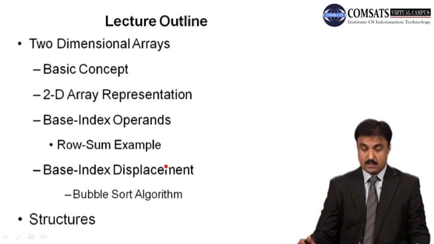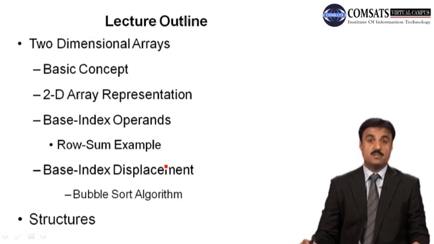Now we are going to discuss the outline, what we will learn during this lecture. We will discuss mainly two topics, as I already mentioned. One is two-dimensional arrays and the second is structures. In two-dimensional arrays we will discuss the basic concept, what a two-dimensional array is, and its representation inside the memory.